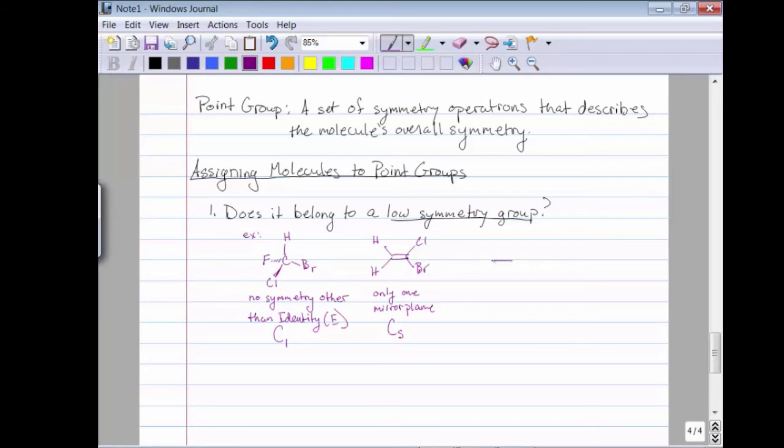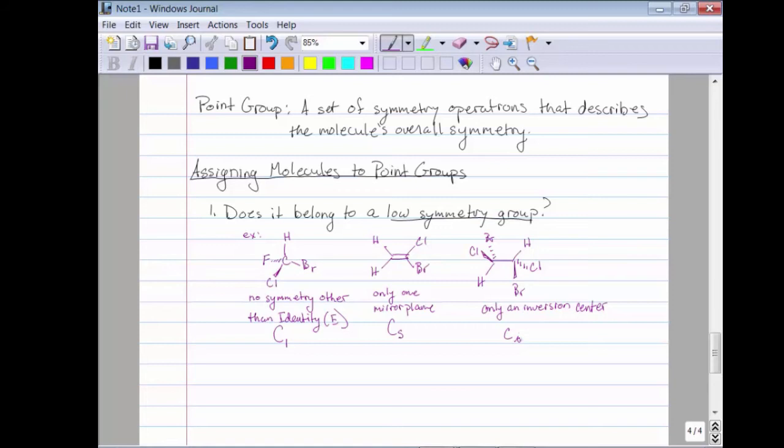And then if it only has the identity and an inversion center, this one's called Ci. There are very few molecular examples of the Ci point group, but this is one of them. And this molecule would have to be in its staggered conformation to be classified as a Ci.